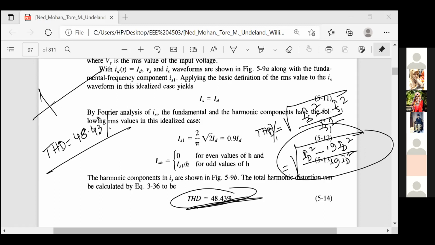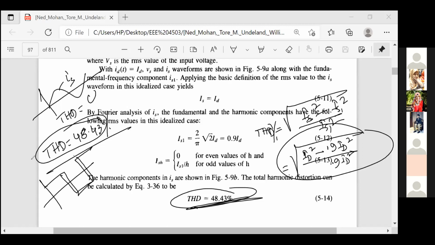And if the input current has a sinusoidal wave shape like this, what will be the total harmonic distortion? 0. And for the rectangular type, how much is it coming as? 48.4. What is the physical meaning of this?